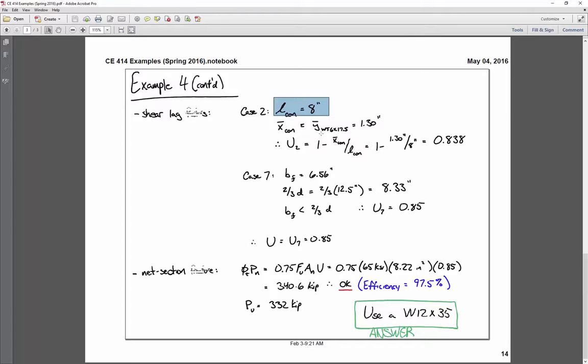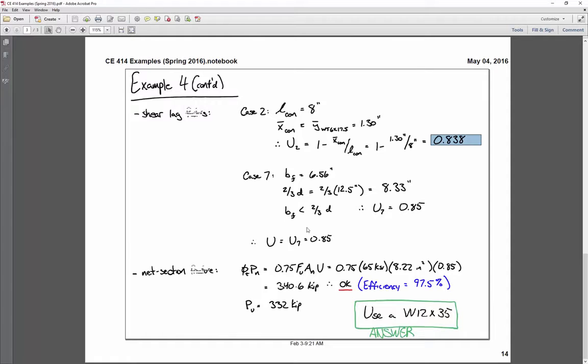Since we're dealing with a W12 by 35, just cut each of those numbers in half, so 6 for the depth and 17.5 for the weight. Look that y-bar up and you should get 1.3 inches, and that's in Table 1-8 of the manual. So the U for case 2 is 1 minus x-bar over L, so plug and chug and you'll get 0.838.